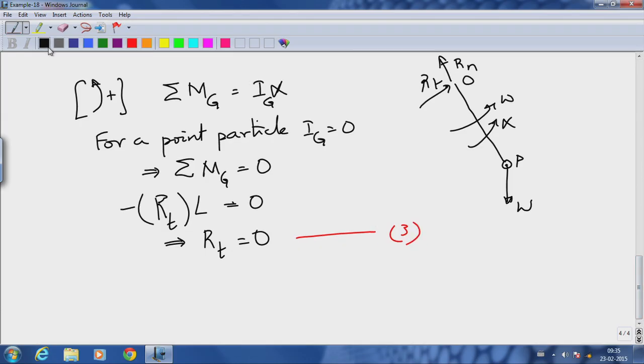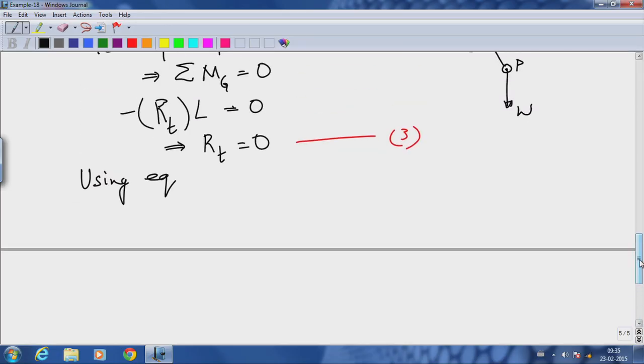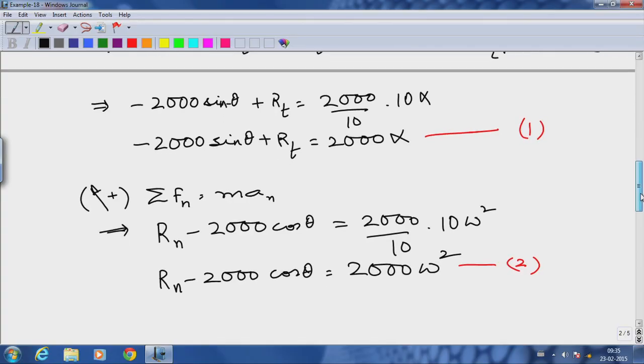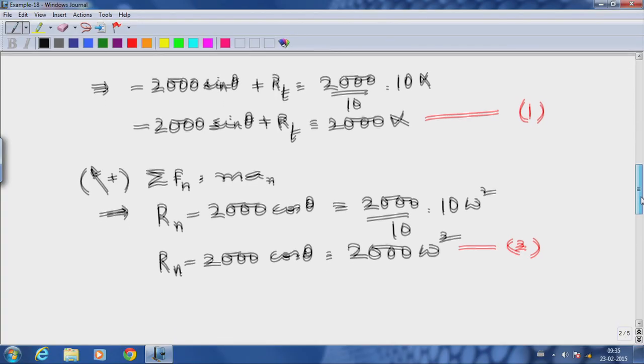So, using equation 3 in 1, let us see if we can simplify this. 1 is the fact that minus 2000 sin theta plus R sub t is 2000 alpha.